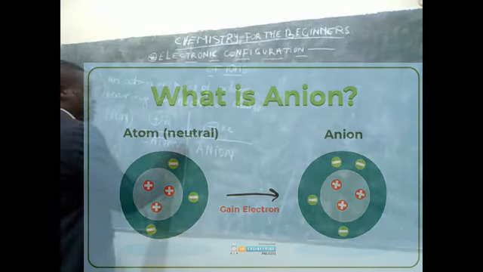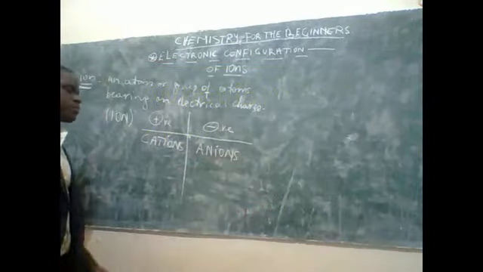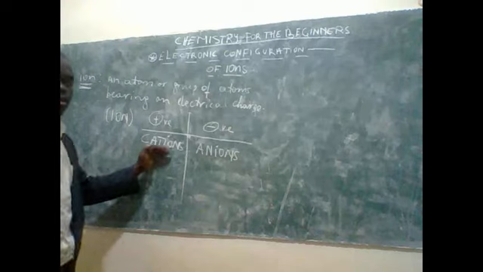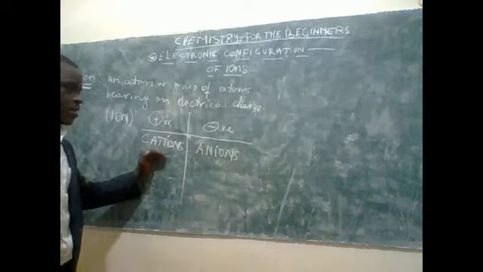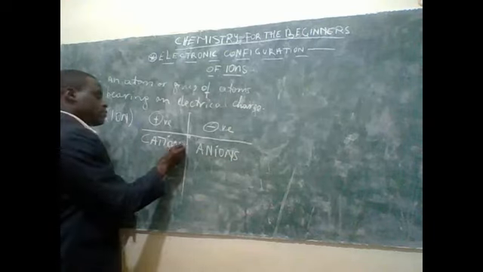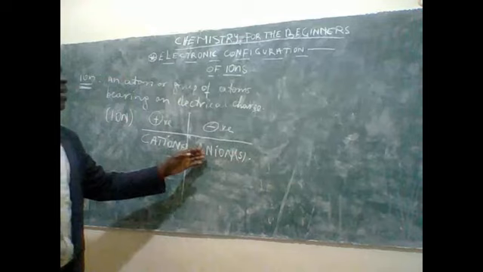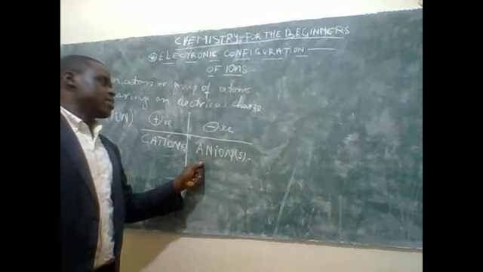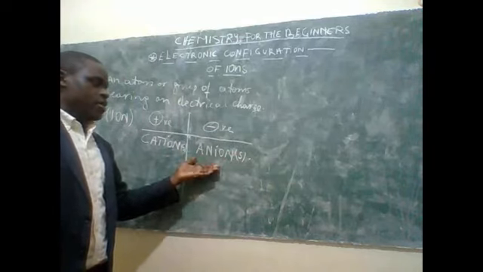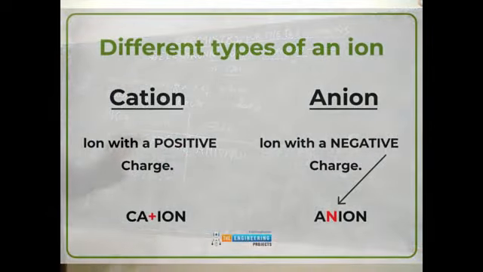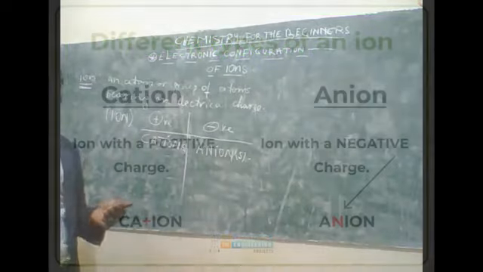If an atom is electrically charged positively, it is called a cation. And if an atom is electrically charged negatively, it is called an anion. So step by step, you follow step by step.